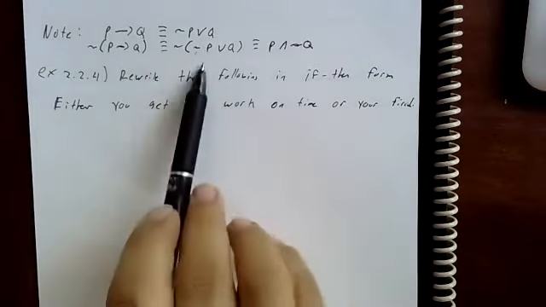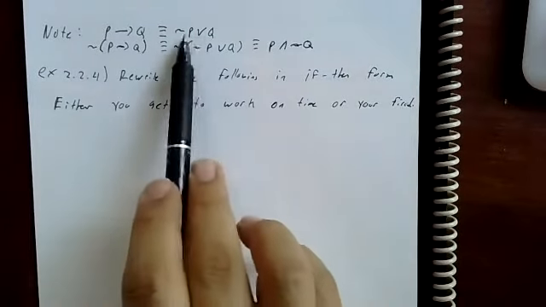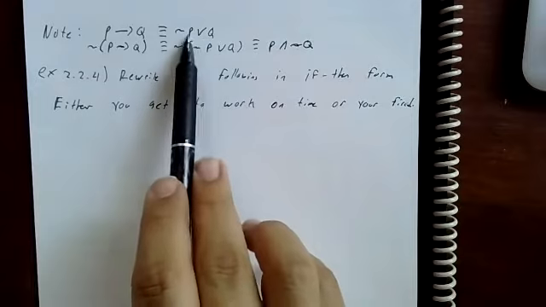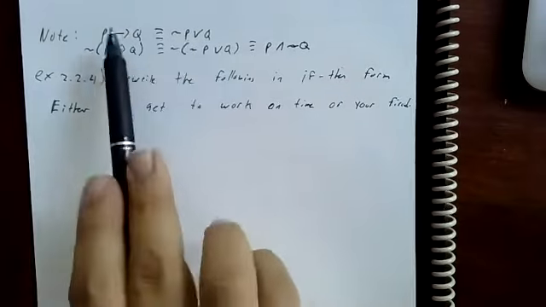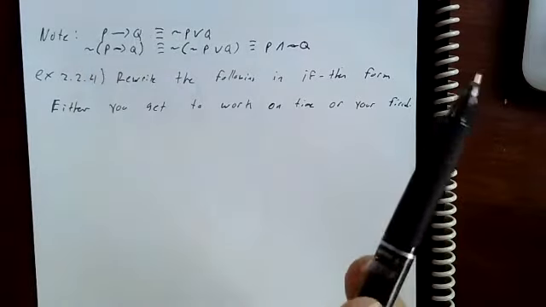So right now it's in the form not P or Q, right? So you'd have to negate the P and then leave the Q alone.